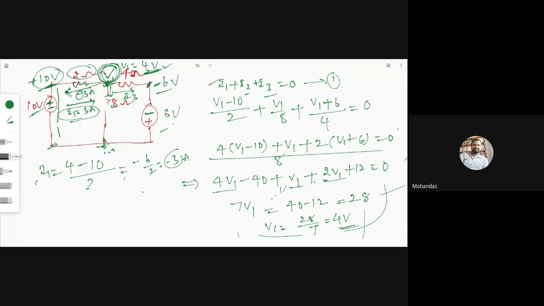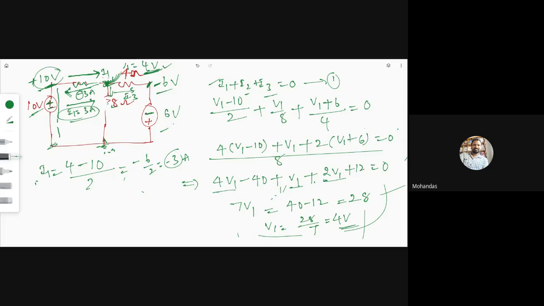In this direction it is minus 3 amperes, but in the given problem, what is the direction shown? Please tell me. ఏ డైరెక్షన్ చూపించారమ్మా ప్రాబ్లంలో? Direction is given in this direction, I1. ఇప్పుడు I1 వాల్యూ ఎంత?